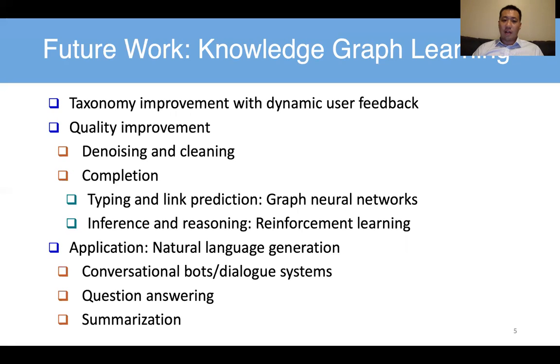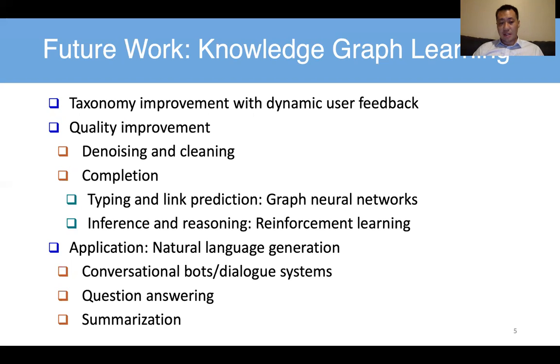And the quality of the knowledge graph may not be satisfactory, so we think about how to improve the quality. For example, can we denoise the graphs, and also clean the graphs when there are some missing links, missing information? Can we do completion?